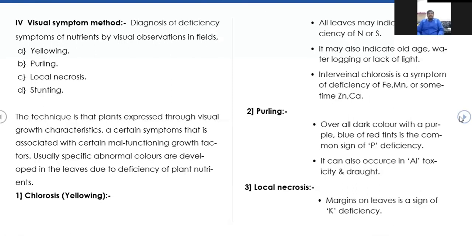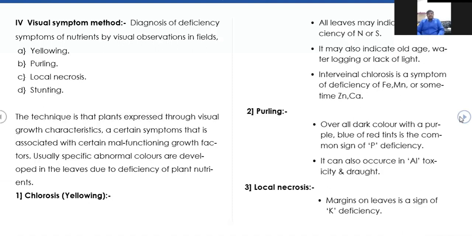Then another symptom is purpling, which is twisting of the leaves. The next is local necrosis. After chlorosis there is necrosis, meaning leaves become dark brown to blackish and fall down. Stunting is another symptom, where plants get twisted.